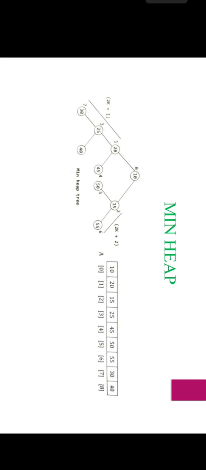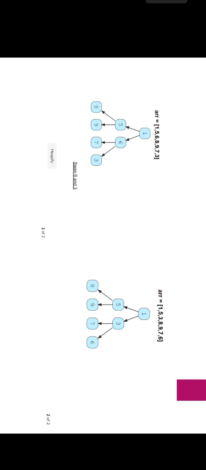And now let's talk about min heap. Consider this example. You can see the array 1, 5, 6, 8, 9, 7 and 3. In a min heap, the root node must be the smallest.